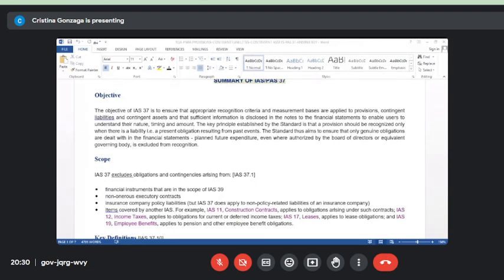So, unlike a provision, which is a present obligation, a contingent liability is not yet a present obligation. It is only a possible obligation depending upon the occurrence or non-occurrence of an event in the future.